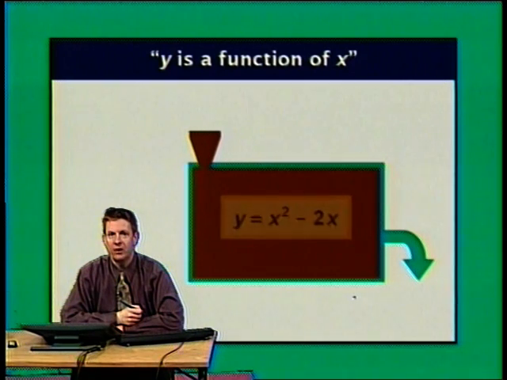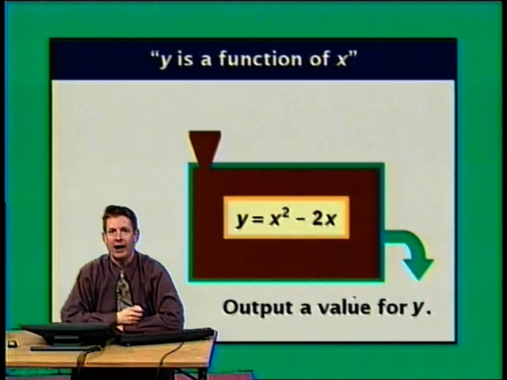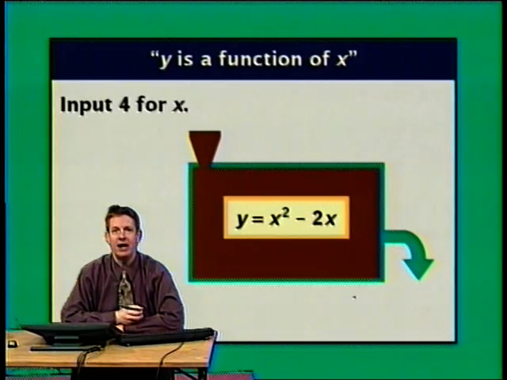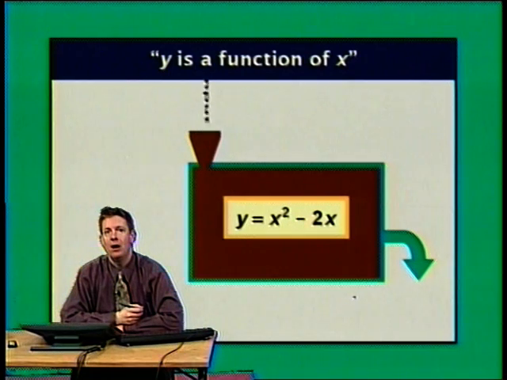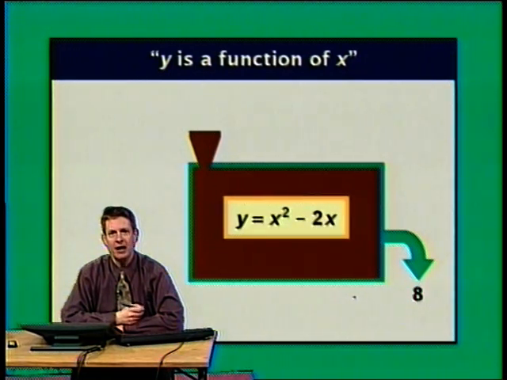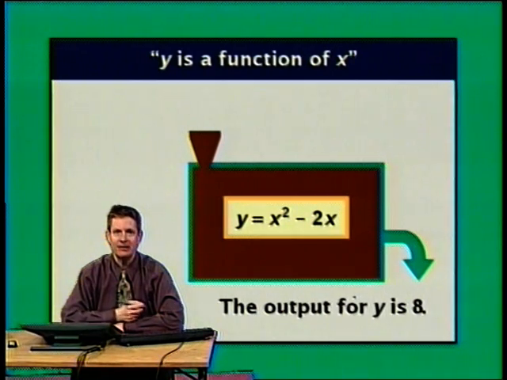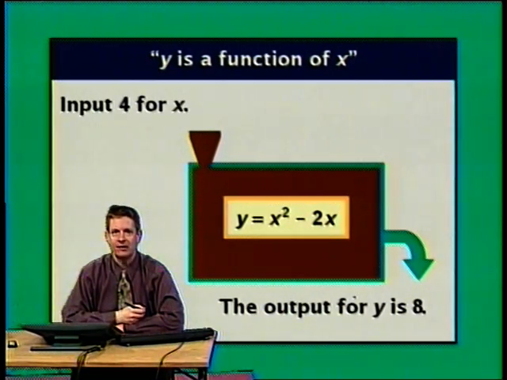Our function works its magic, and it outputs a value for y. So suppose that we input 4 for x. Well, when the function applies the formula x squared minus 2x, it outputs 8, and that's the value for y. So when we input 4 for x, the output for y is 8.